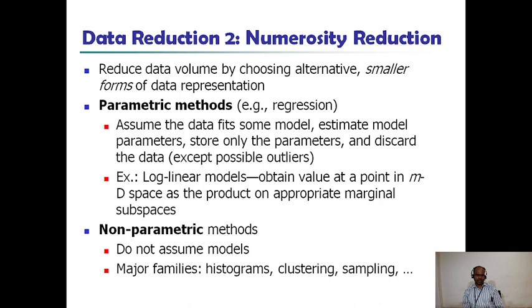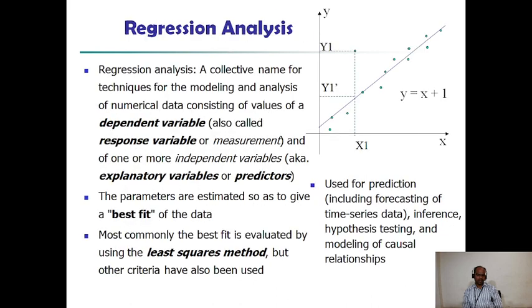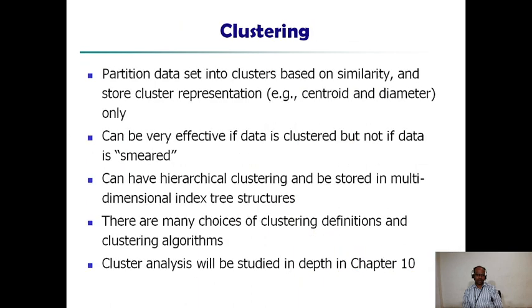So for numerosity reduction, we have parametric and non-parametric methods. For parametric data reduction, we will use regression and log-linear methods: linear regression, multiple regression, and the log-linear model. We have different regression analyses. We have histograms, and we have some methods to reduce redundancy of data.